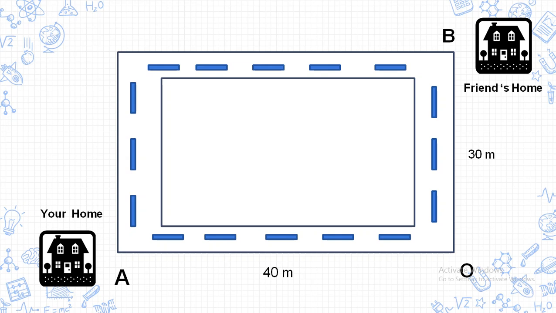You have covered A to O, 40, plus O to B, 30. So 40 plus 30 is how much? Yes, exactly. You have covered a total 70-meter distance and reached your friend's house.